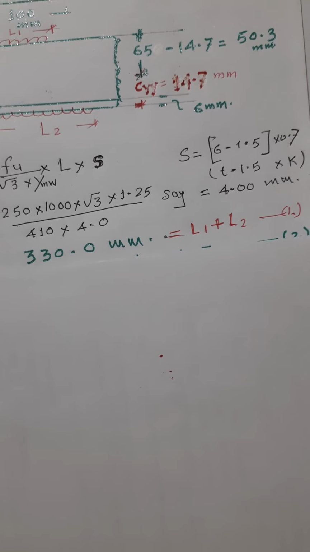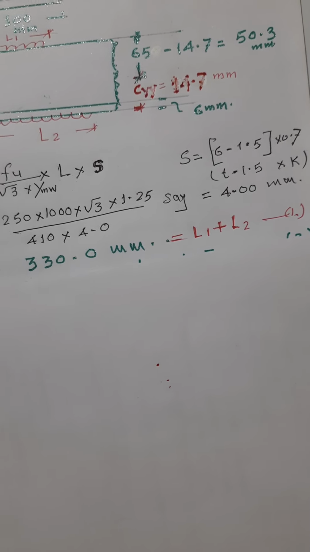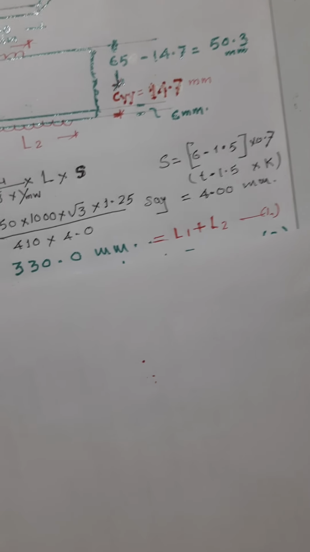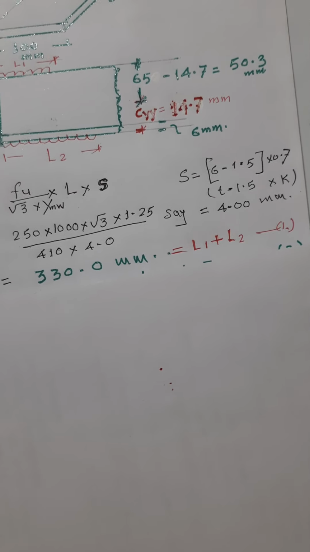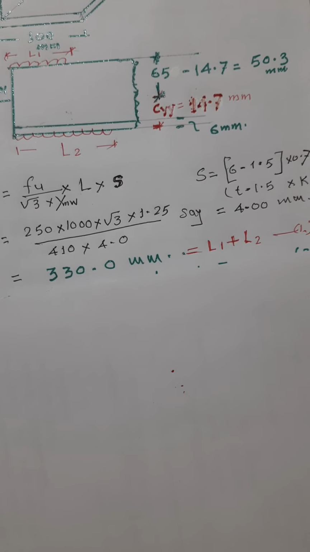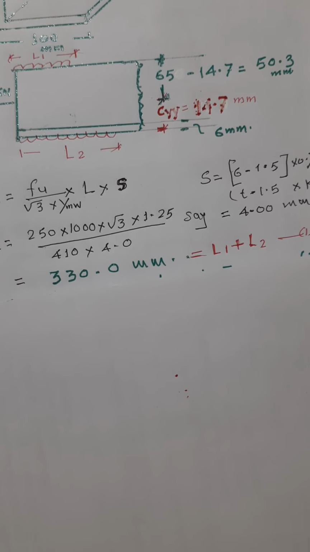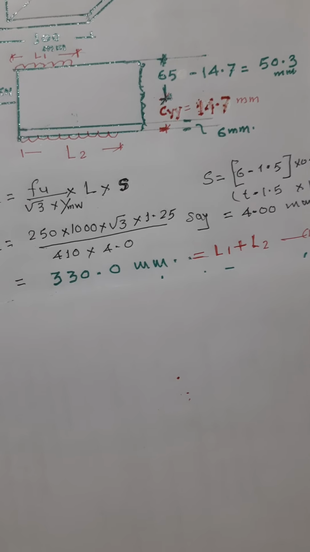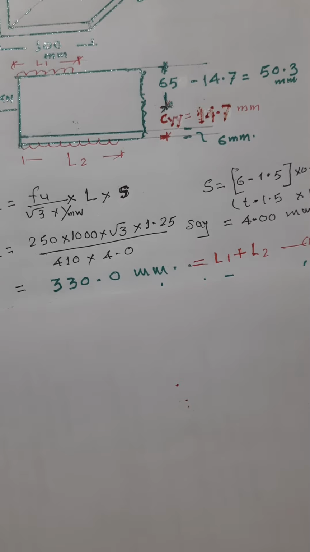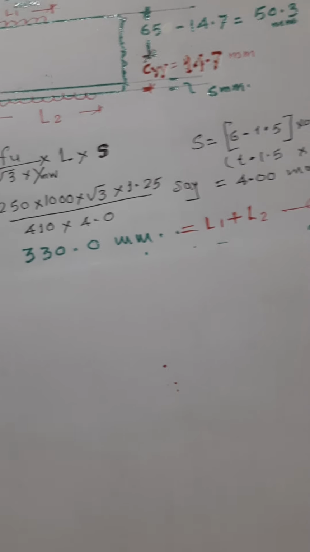But in this case we are unable to calculate the values of L1 and L2 because there are two unknowns, L1 and L2. So we have to frame one more equation in terms of L1 and L2. Once we have two equations and two unknowns, L1 and L2 can be very easily calculated.